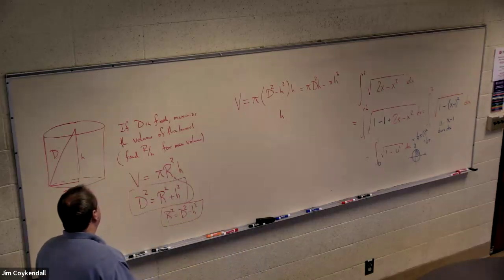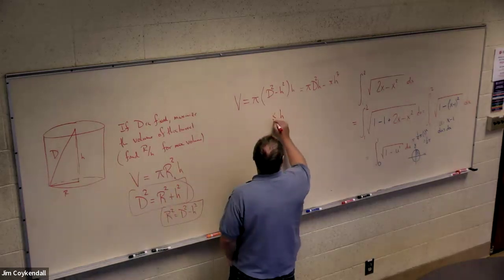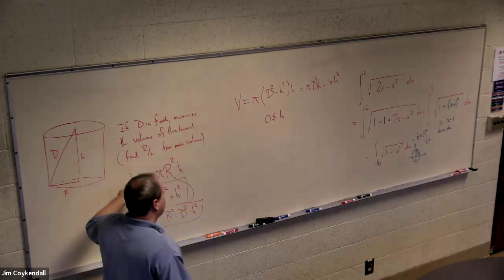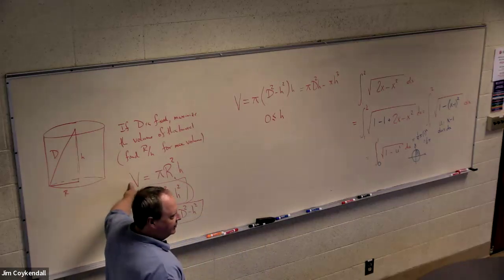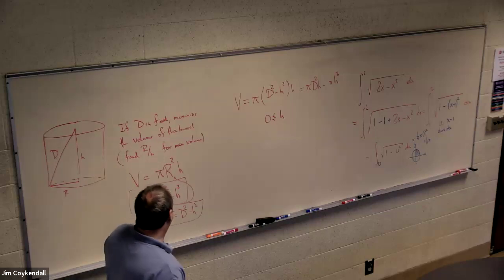How small could H be? I guess it could be 0, really. There's nothing here that violates it. I mean, my volume's going to be 0 if H is 0, so that's kind of bad. But how about R?